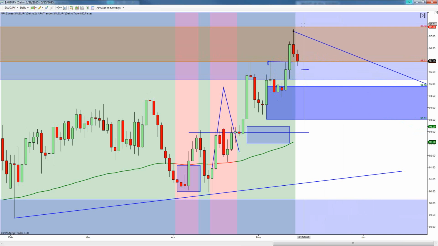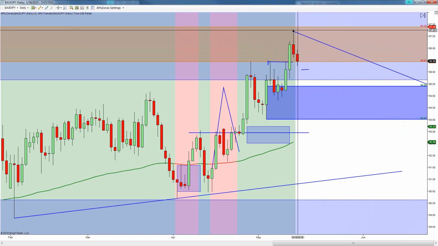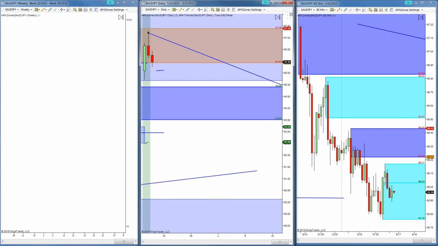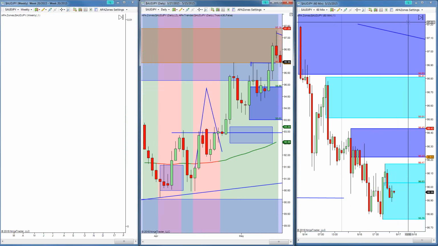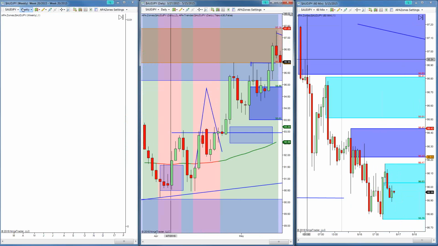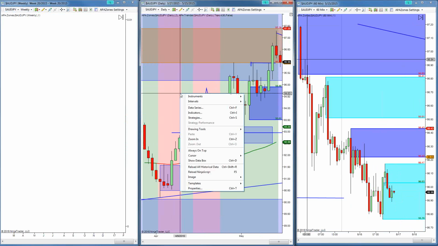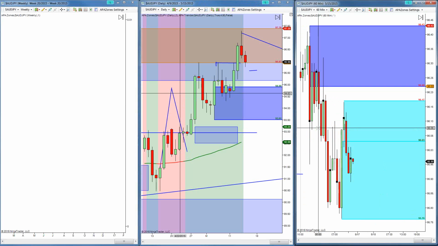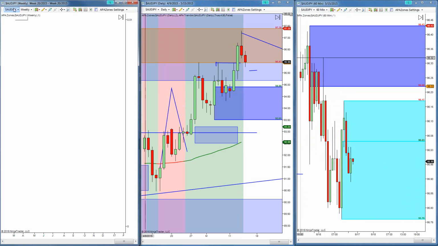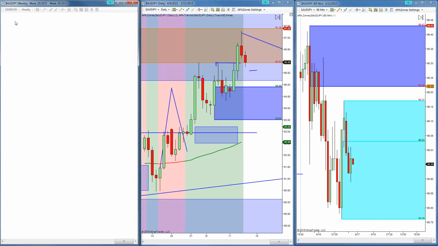But I realize that this is at the very top part of supply or resistance. So that's what I'm looking at on this market, and then for my entries, I will go down into the 60-minute time frames, which I'm not going to do because right now I'm not really seeing anything that looks extremely interesting here. So let's switch over to another market.